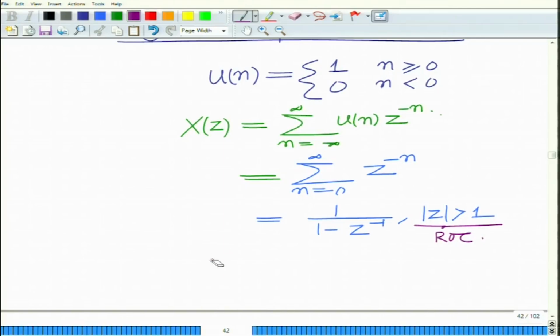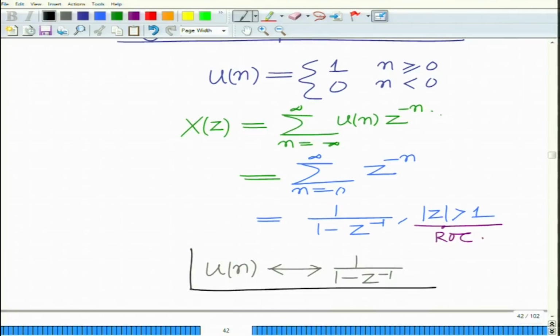So, the unit step signal u[n] has the Z transform 1 over 1 minus z inverse, all right.